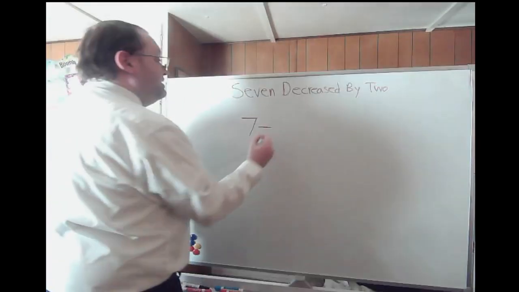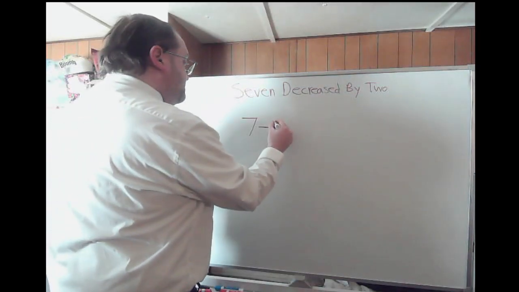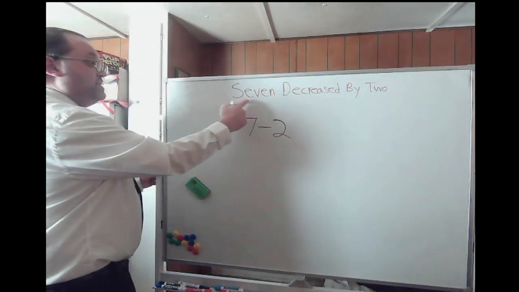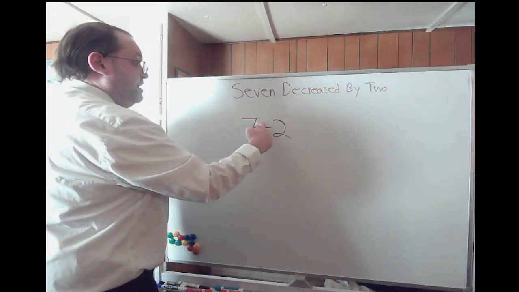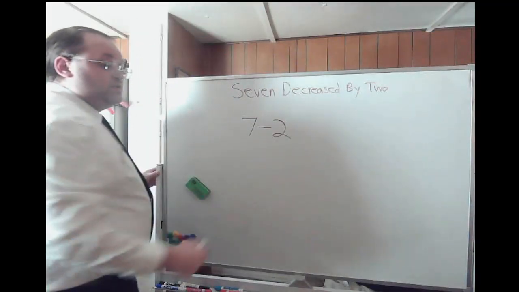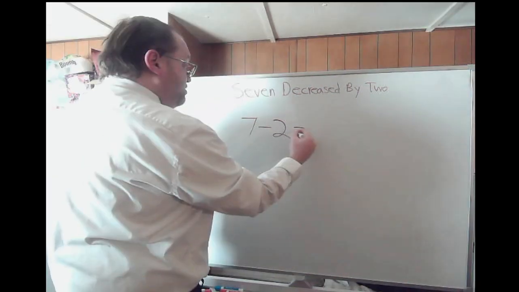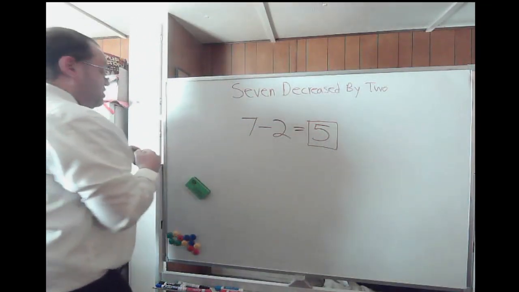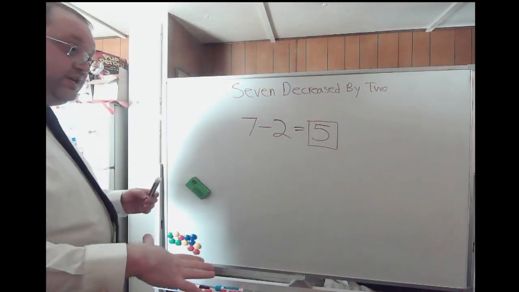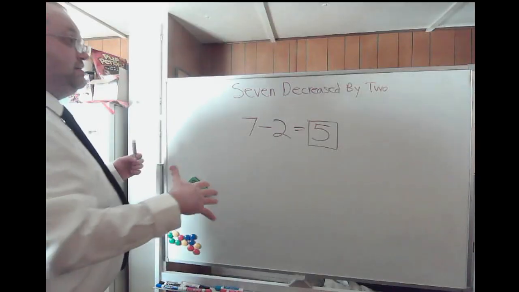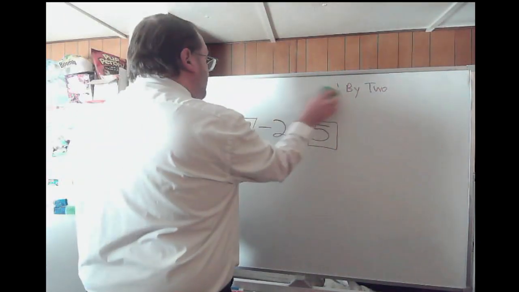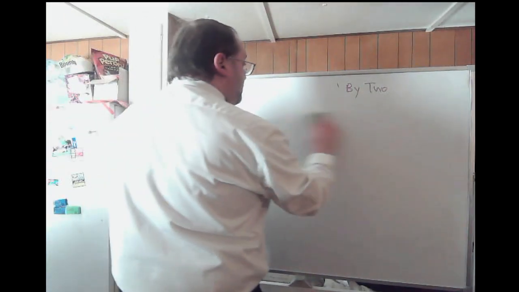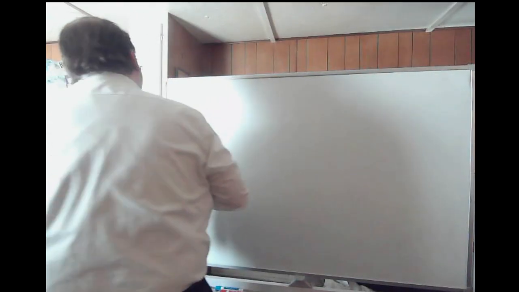So it'd be 7 minus 2, which we know happens to be 5. So increase, you're adding. Decrease, you're subtracting. Pretty simple so far. But these are important words and phrases you're going to want to know.